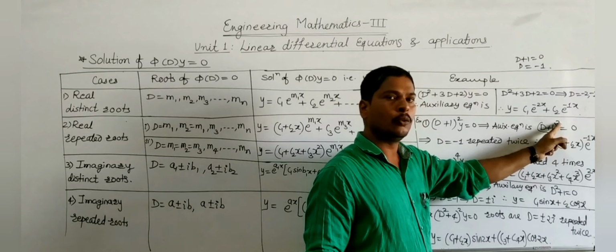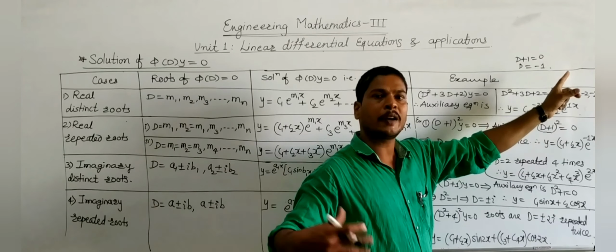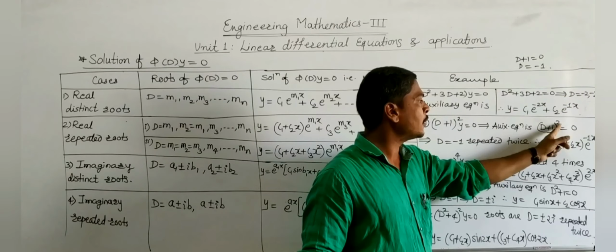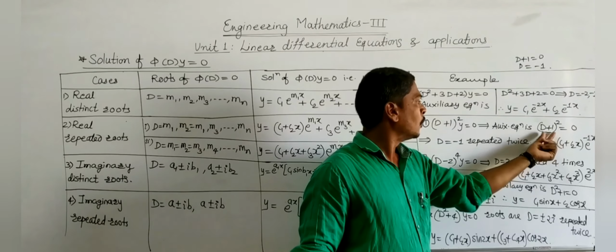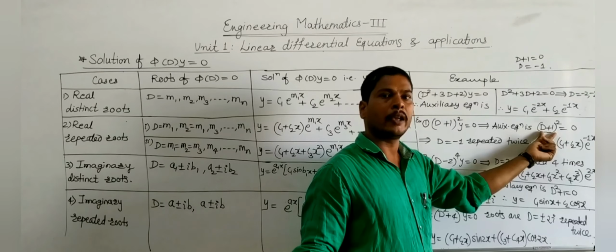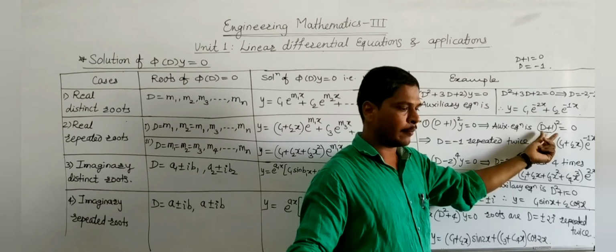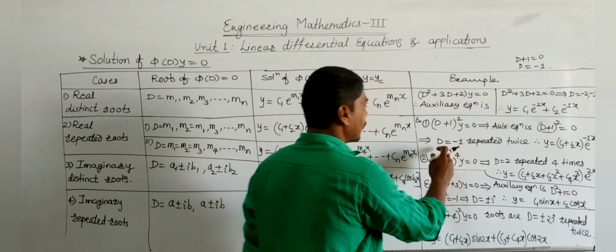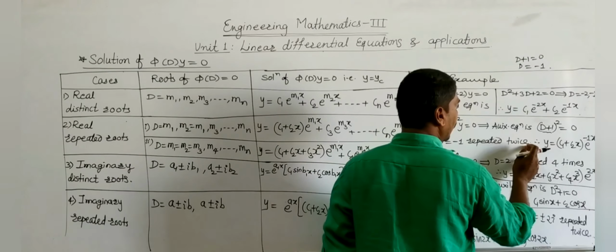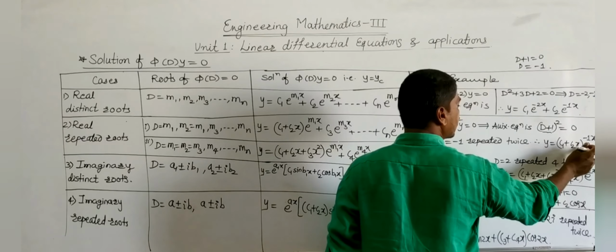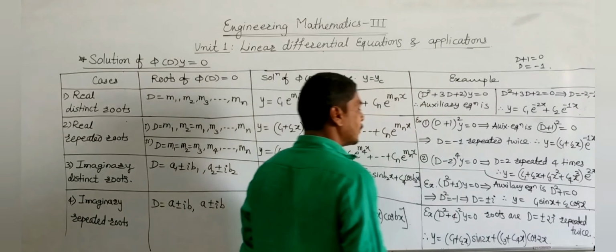If there is a cube, then the root -1 is repeated 3 times. If the power is 4, then the root of D plus 1 equal to 0 is repeated 4 times. So here D equal to -1 is a root repeated twice, so the solution becomes (c1 plus c2x) e raised to -1x.